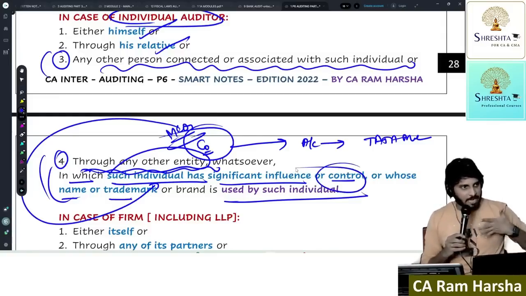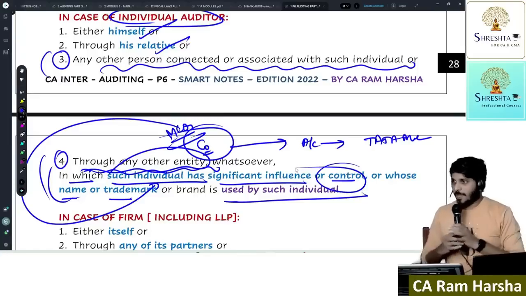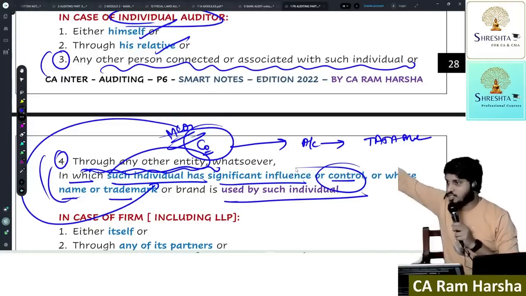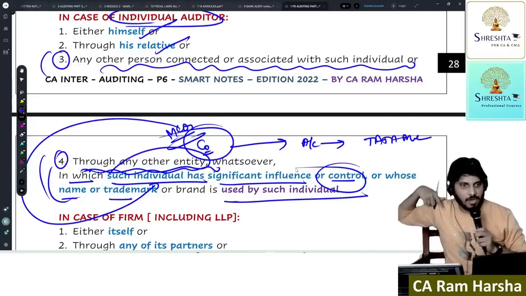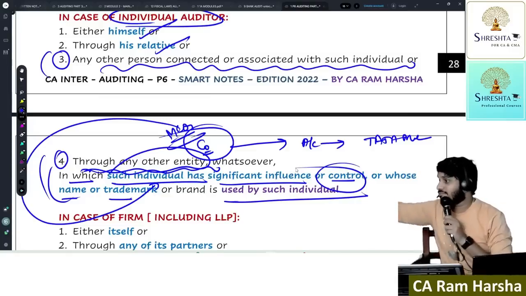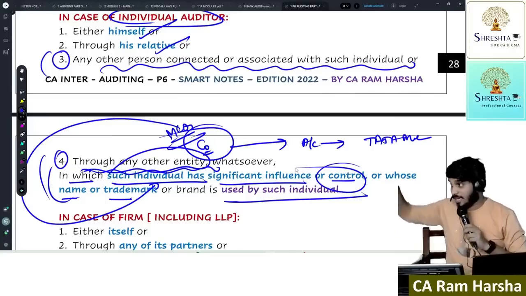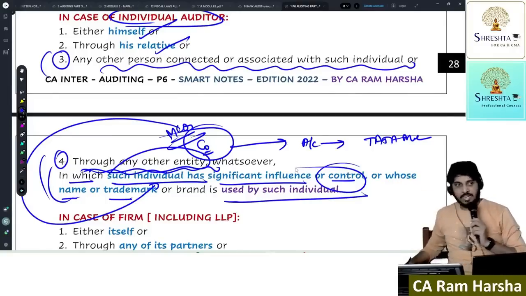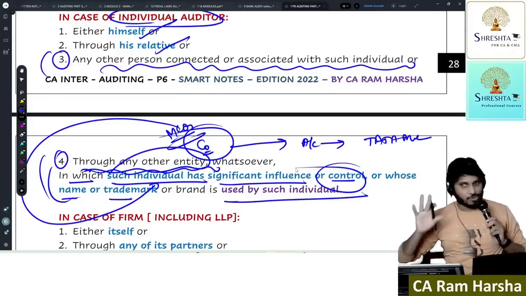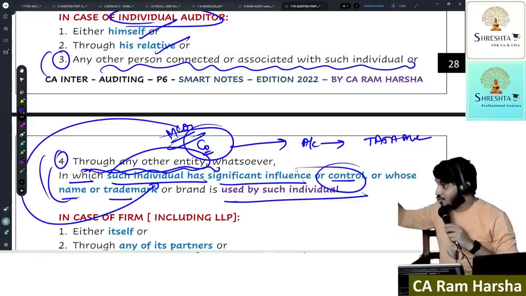Now in a company where I have influence or control, the company is providing accounting services to Tata Motors where I am acting as auditor. Disqualified. Or the company has a brand name, the same brand name or trade name we are also using for practice. Then also it is said to be providing indirectly.